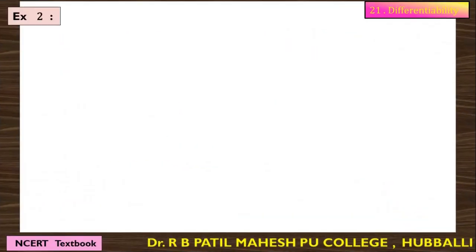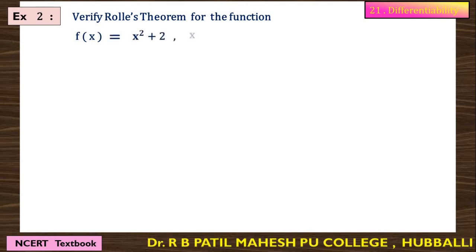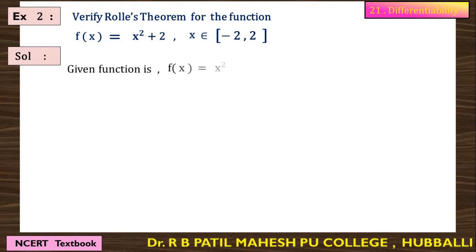Now second example. Verify Rolle's theorem for the function f of x is equal to x square plus 2, x belongs to minus 2 comma 2. So first, take the given function f of x equal to x square plus 2.